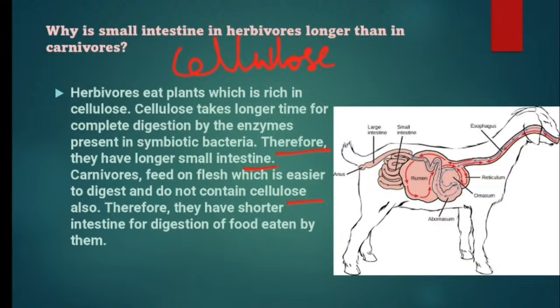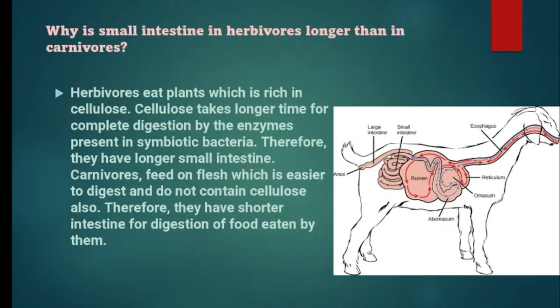So that is why they have a shorter intestine for digestion of the food eaten by them. This question is also asked for 2 marks as a give-reasons question. So herbivores require the cellulase enzyme, which is missing in them, to digest cellulose, and that is why they have a longer small intestine compared to the carnivores.